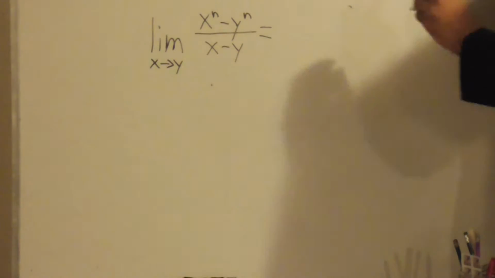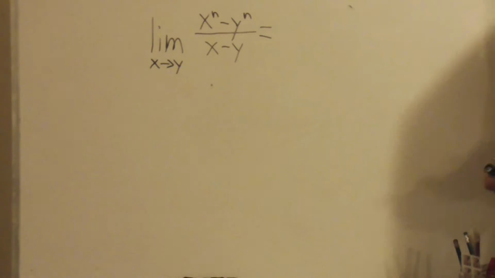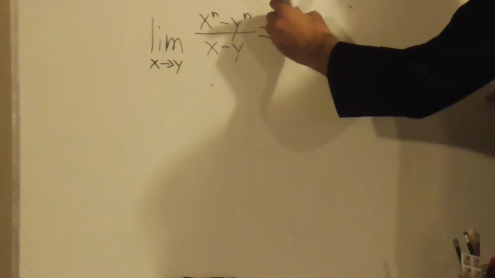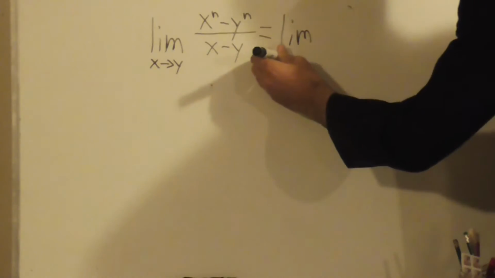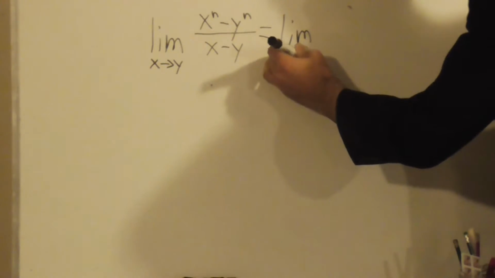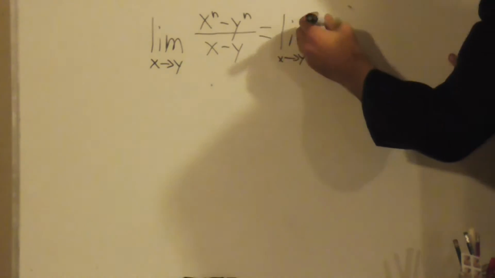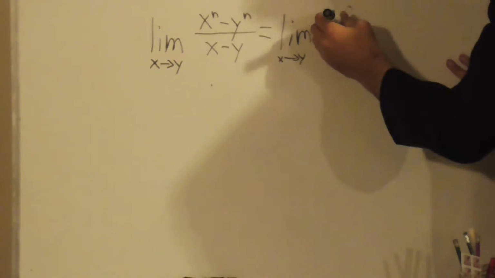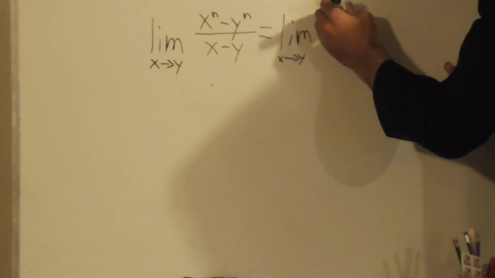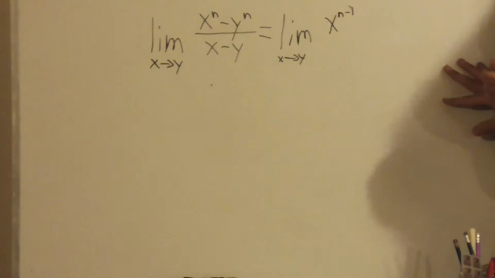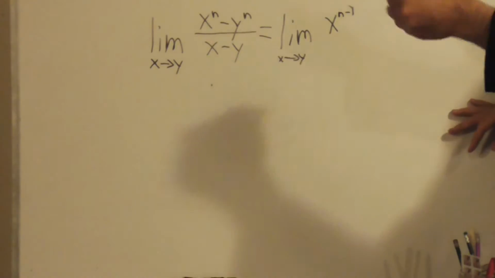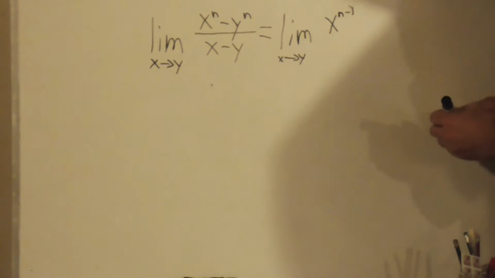Now, what we have as a result of this, and I'm going to prove it in just a moment, is the limit as x approaches y. And the great thing about this proof is that once we solve it, we can use this for all problems of this form.